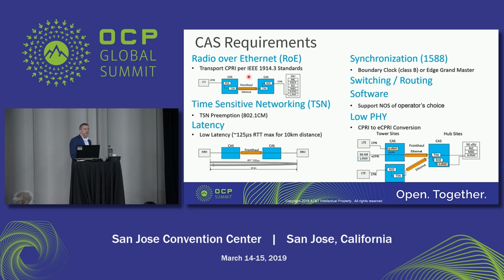Now, latency. What I've got described here is a total round-trip latency of 125 microseconds. That is from the egress of the radio head through the network, so it's got to pass through 2 of these CAS devices, as I talked about, to the BBU and back.